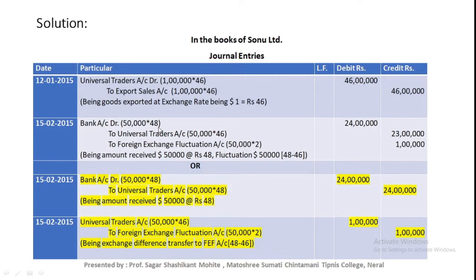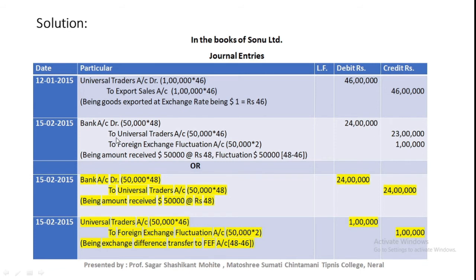So we need to multiply it by 48, and we will receive rupees 24 lakhs. But we need to credit the Universal Trader with rupees 46 only, because we have debited the Universal Trader in the initial journal entry at rupees 46. So every time we need to credit the Universal Trader at rupees 46 only while receiving the payment.